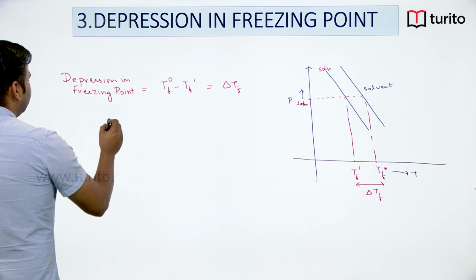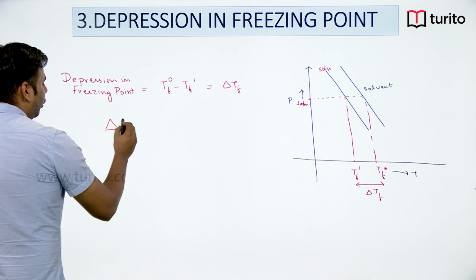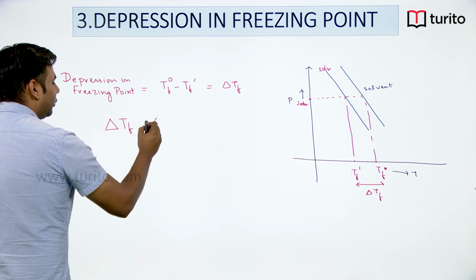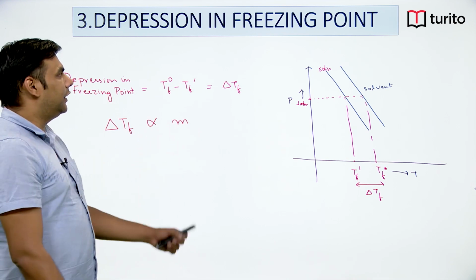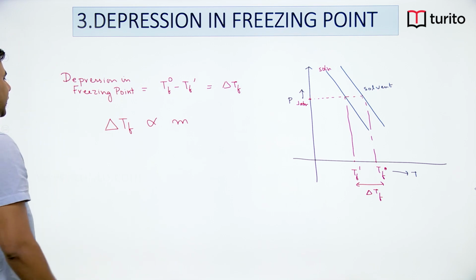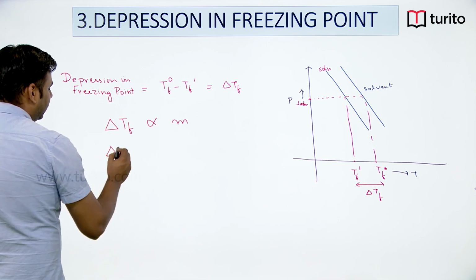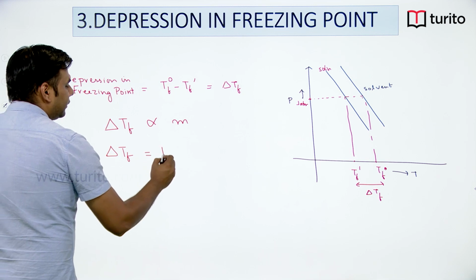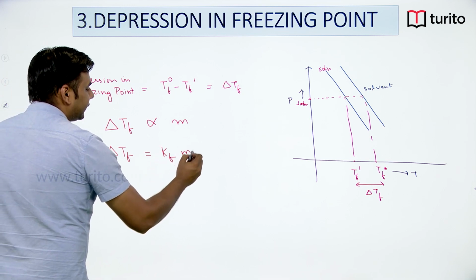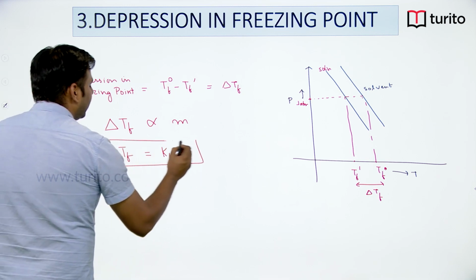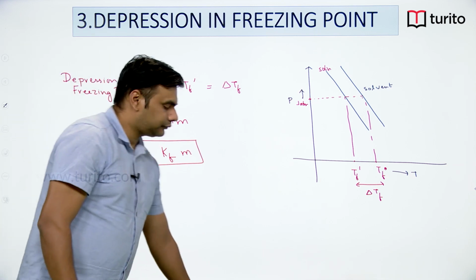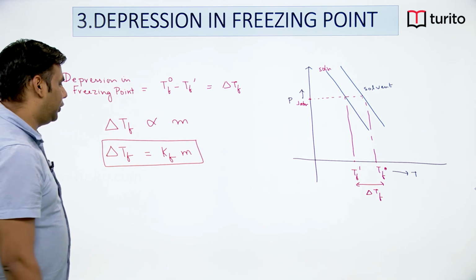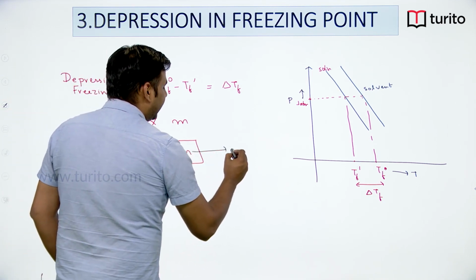So we know that it is a colligative property. So this also depends upon the molality of the solution, just like the way we did for boiling point elevation. If you remove the proportionality sign, we get a constant which is Kf in this case. So if you look at the formula, it is almost the same as that of the elevation in boiling point. Here m is the molality.